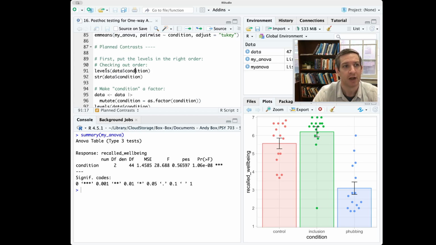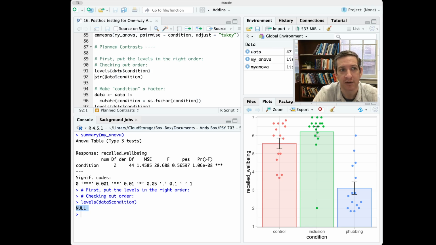So let's start by just asking R to give us a list of the levels of the condition variable. And if we do that, we get this response here, null. So not only do we not have them in the right order, R is actually saying there isn't any order to that.